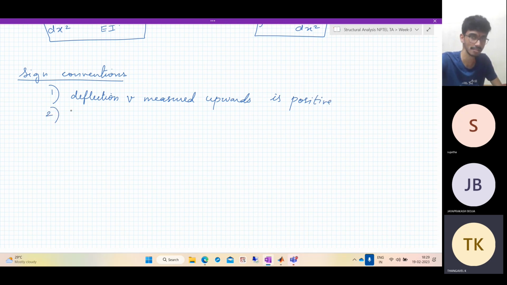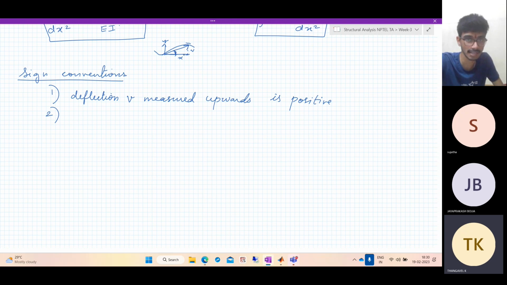If you have a curve and your origin is here, measured upwards is positive. This v is positive. If it's measured downwards, it's negative. If this is positive, then dv by dx, which is this angle, tan of this angle is dv by dx.